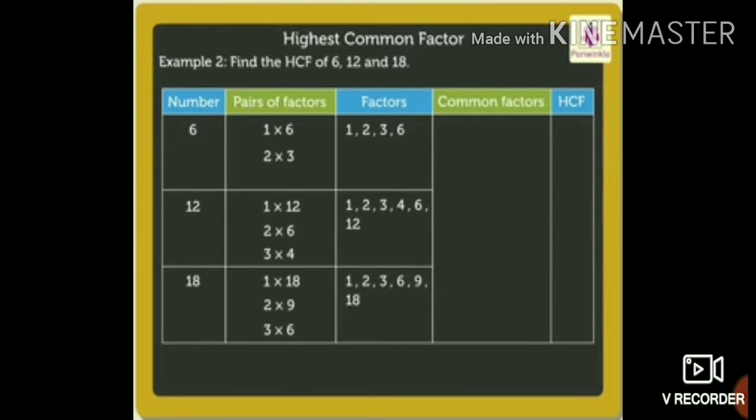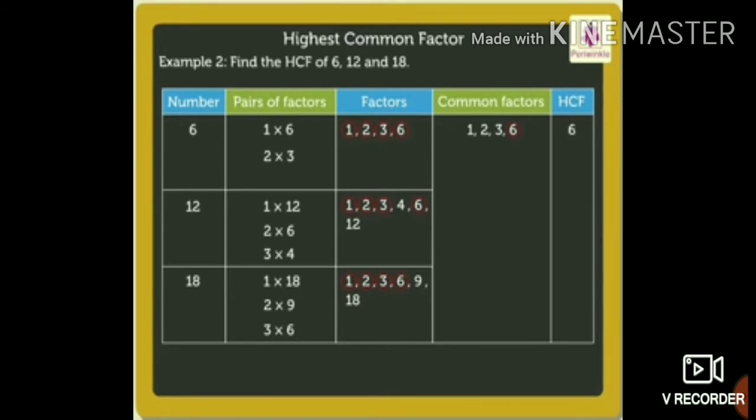You have already found the factors of 6, 12 and 18. Which are the common factors? The common factors are 1, 2, 3 and 6.